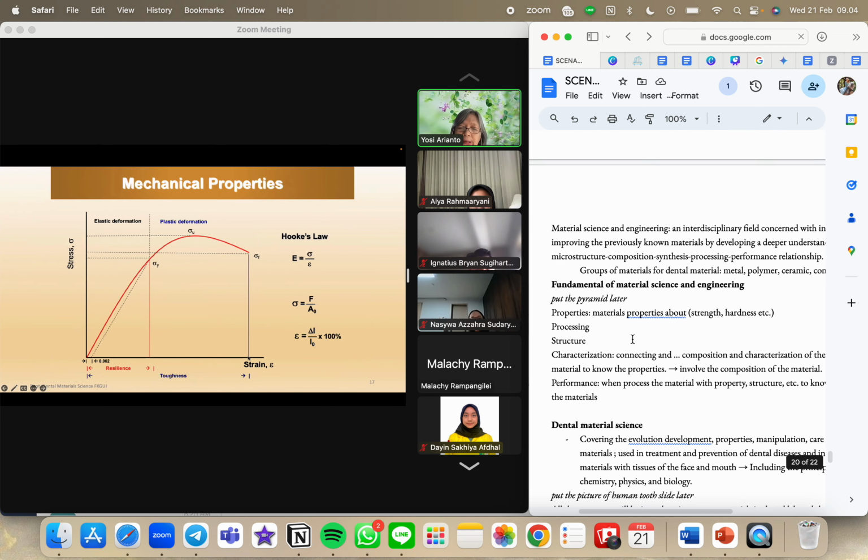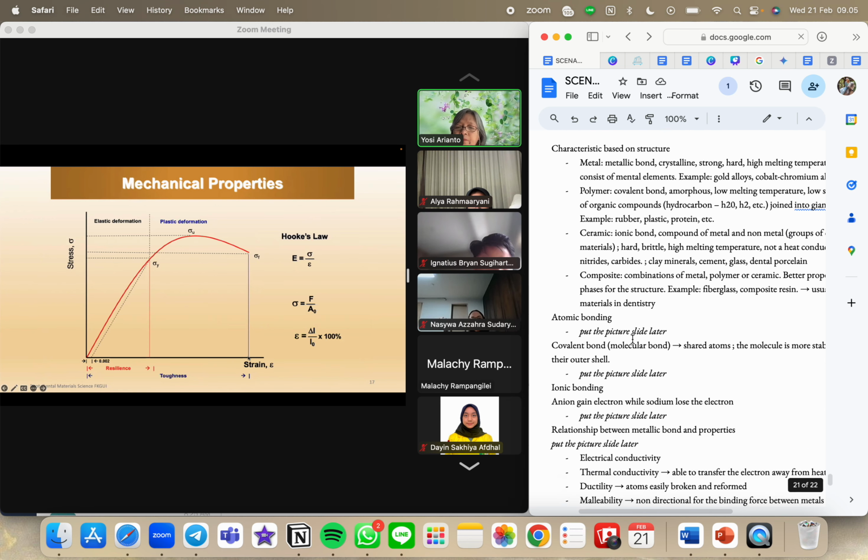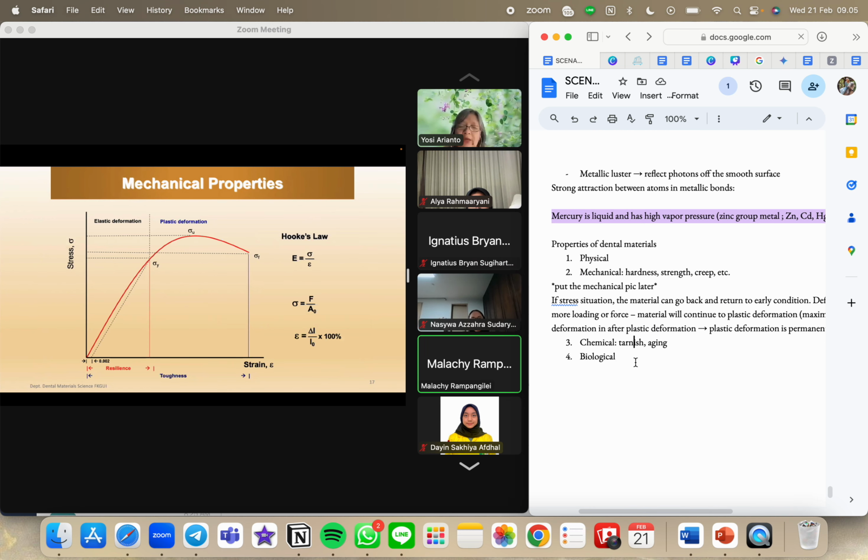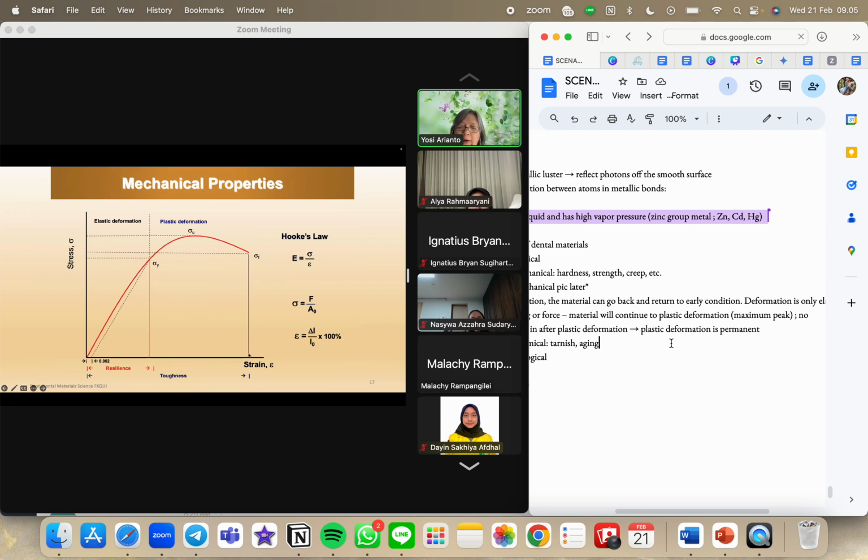The strain is the change of length of the material, here from when they are fractured. Okay, this is Hooke's law that we usually use about the modulus of elasticity, about the strength, the stress and the strain.